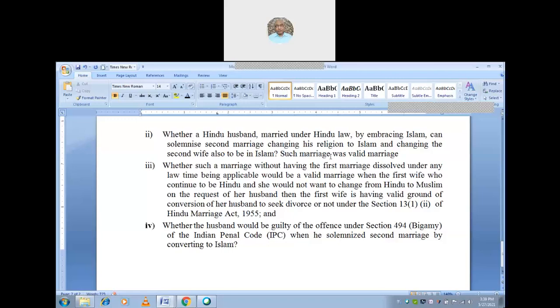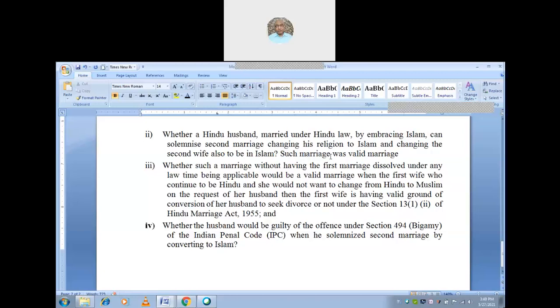We generally say, when we are arguing for the petitioner, if a Hindu married in the beginning as per the Hindu religious rites to the Hindu wife, that is the first wife, then without her consent he is not supposed to change the religion, number one.